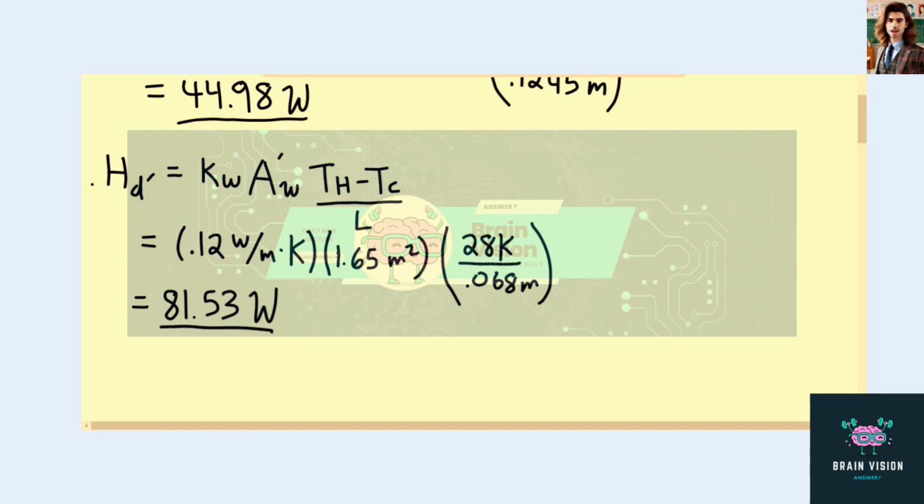Perfect. So now we need a total H, right? Because we have the heat current of the glass window, and the heat current of the door that's left over. So we're going to say the H total is just going to be equal to the addition of these two separate heat currents, which gives us 126.51 watts.